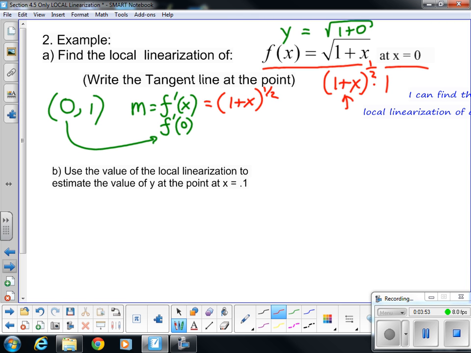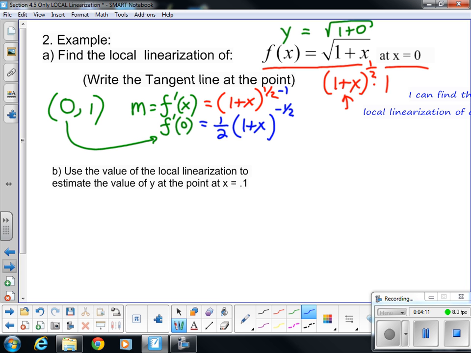So I skipped that part, but that's technically what you're doing. And then we're going to take the derivative of this. So we multiply by 1/2. We subtract 1 from the exponent, so we get negative 1/2, 1 plus x.